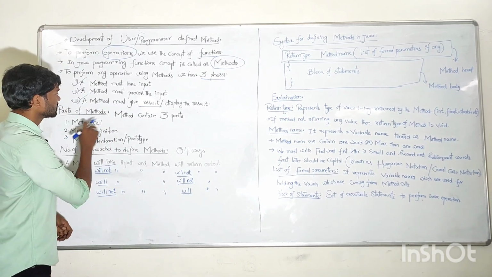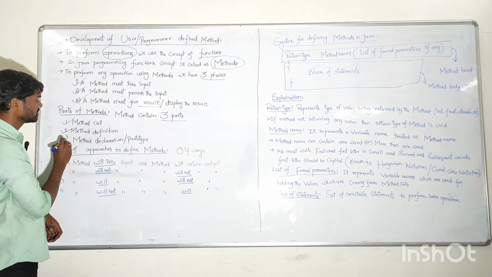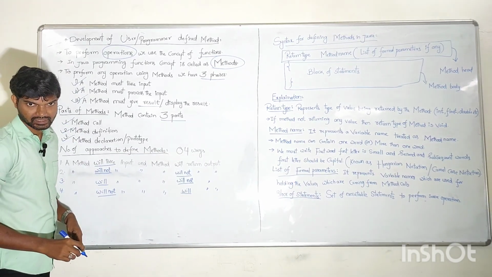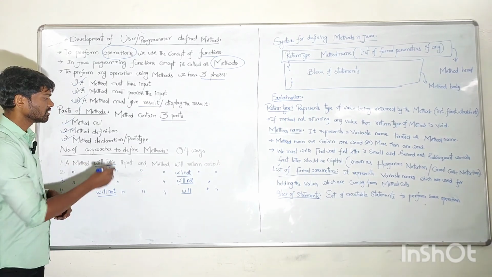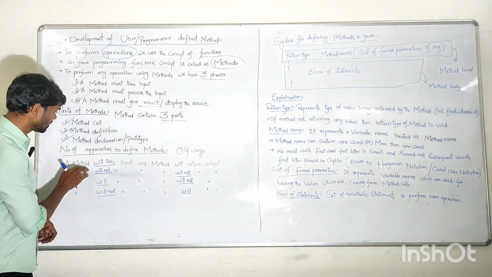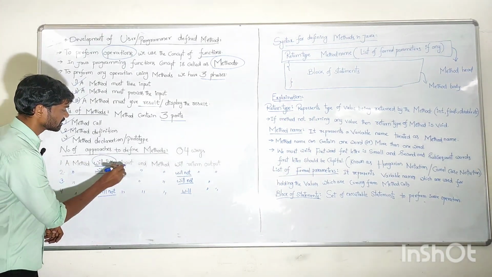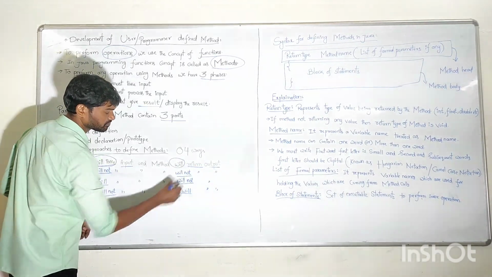And a method contains three parts: method call, method definition, and method declaration. And how many approaches are there to define a method? We have four approaches. The first approach is the method will take the input and the method will return the output.